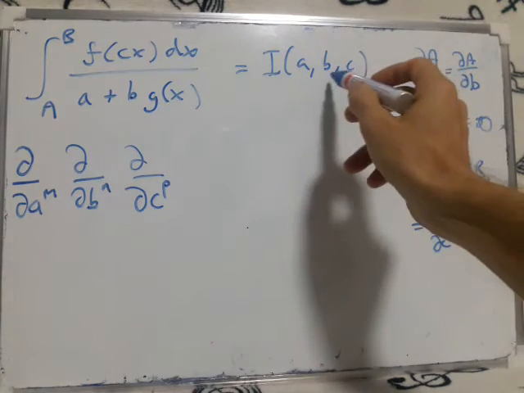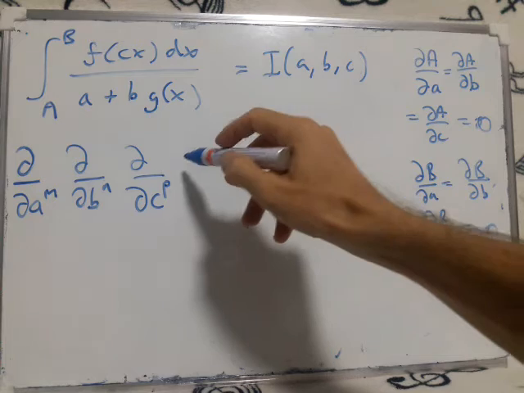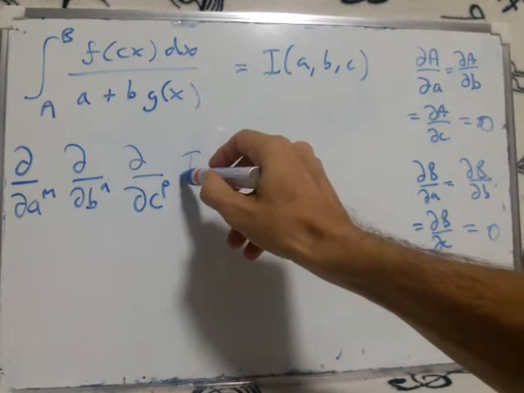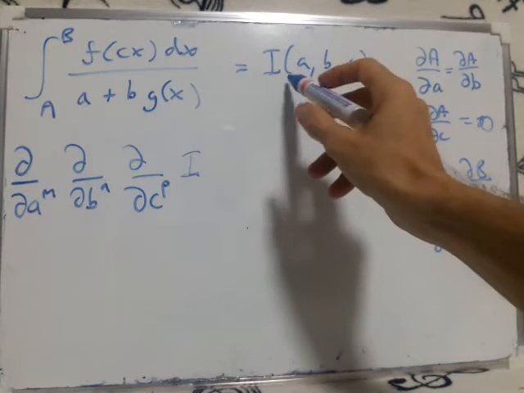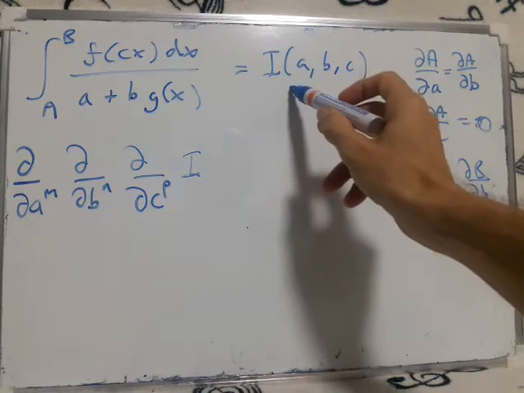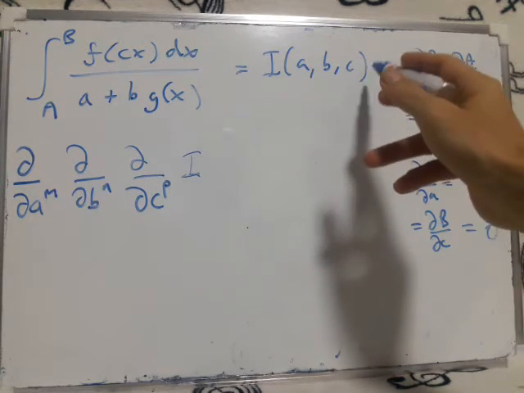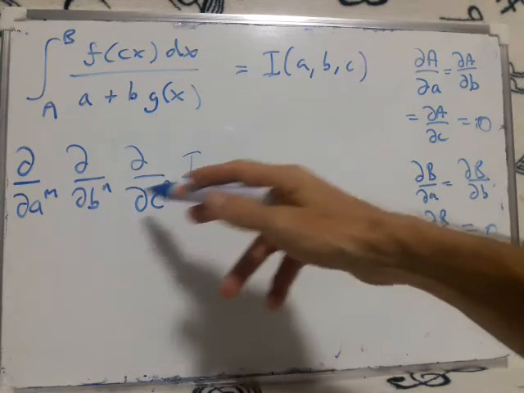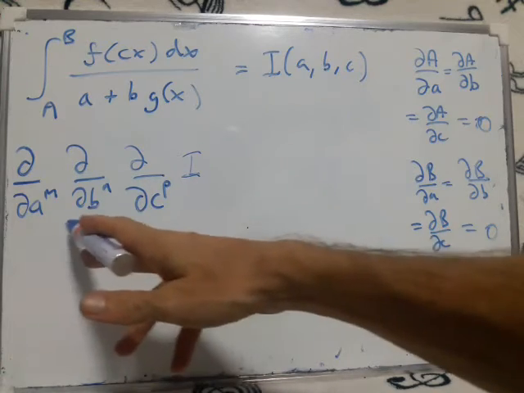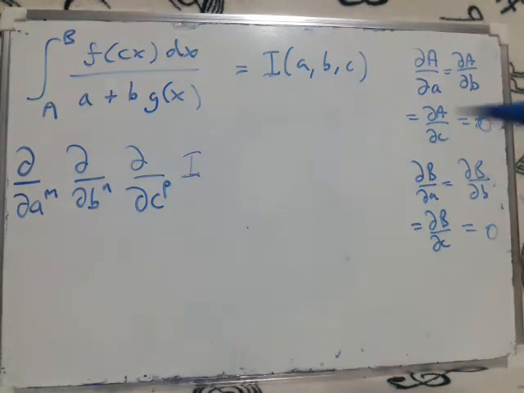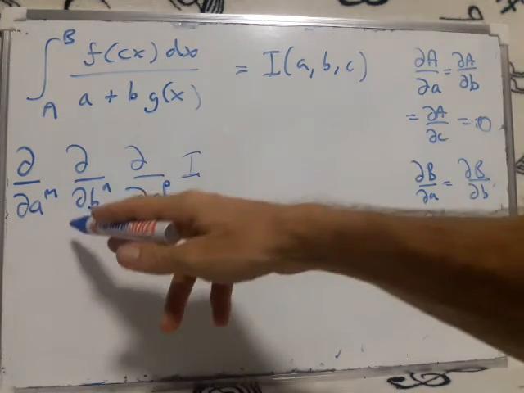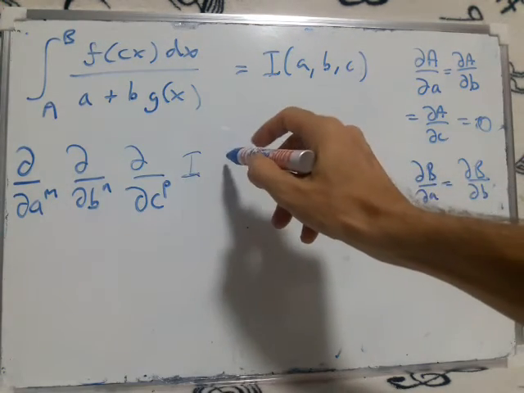If I apply it to the right hand side, that will just give me the integral I. Remember, this is just a known function of a, b, and c. Whatever that function is, it's easy to differentiate with respect to a, b, and c. You can always differentiate things, no problem. So what happens if I do these operations on this integral? What do I get?